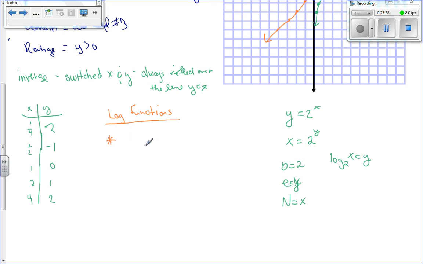Okay, logarithmic functions in the basic form are going to be in quadrants 1 and 4. My green line is in 1 and 4. And these in the basic form always go through, instead of 0, 1, it's 1, 0.